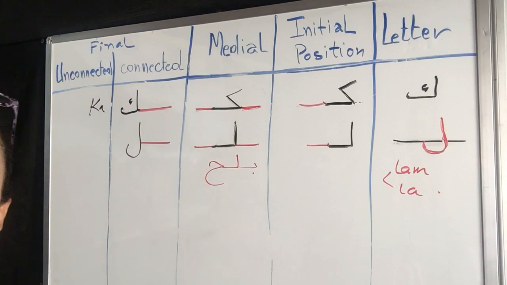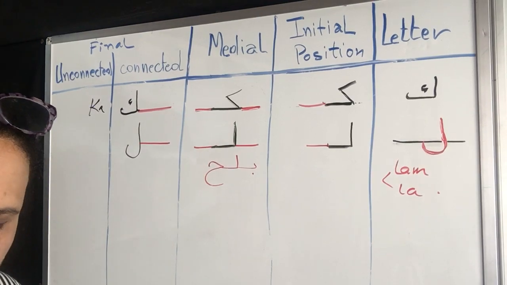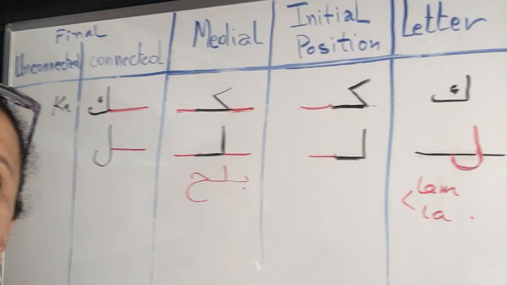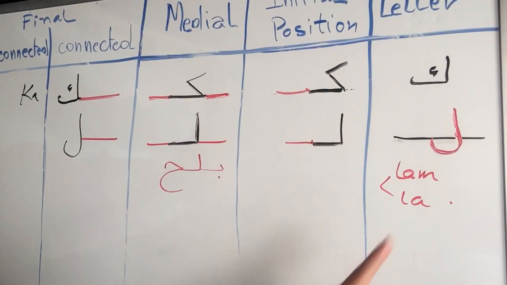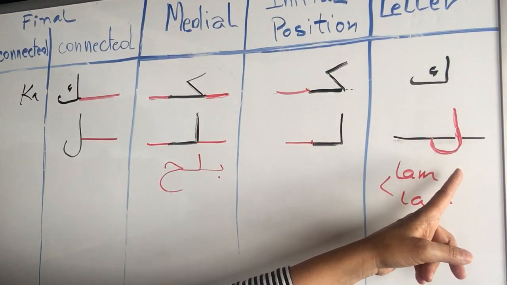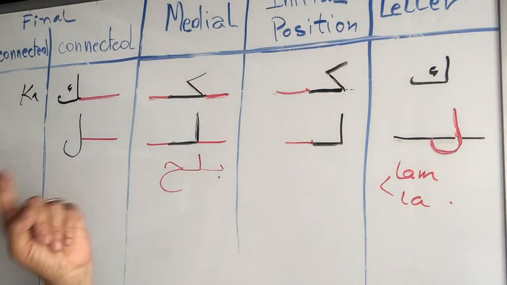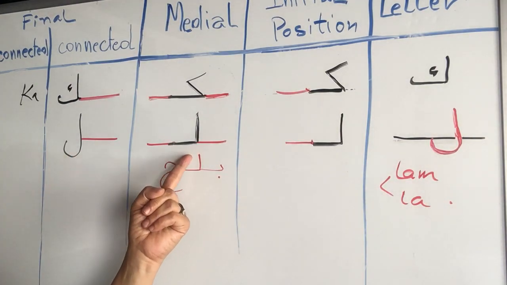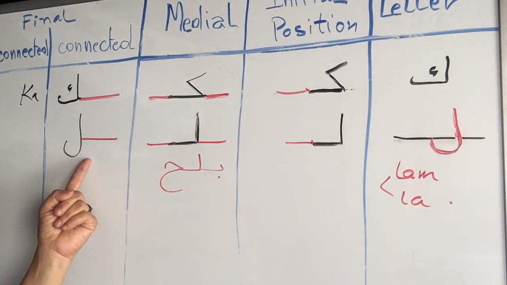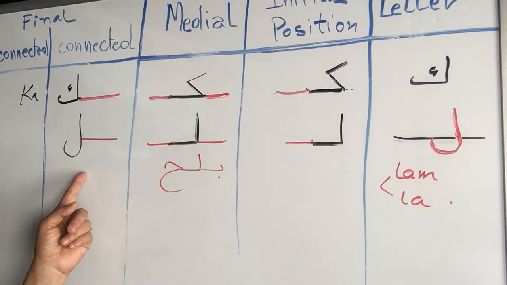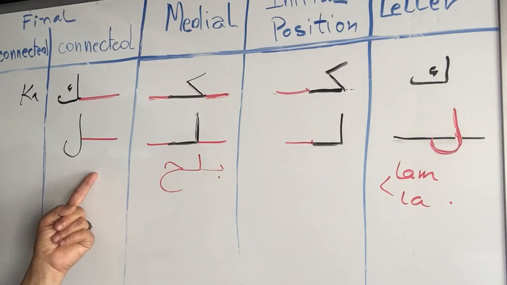I want you to pay attention to this, okay? Let's make this closer again, or you can zoom in. La at the beginning, la in the middle of a word, la at the end of a word, it takes back the isolated shape.